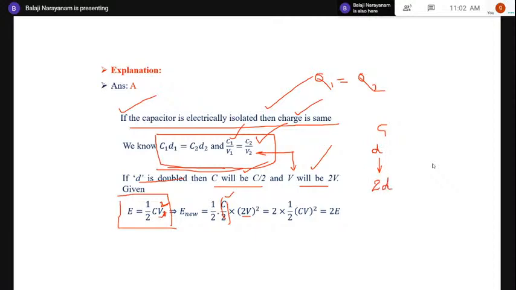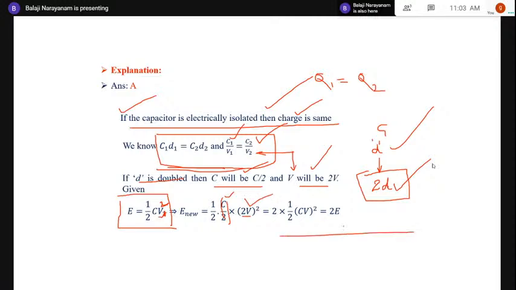D is the distance of separation between the parallel plates of the capacitor in the earlier case. Now 2D is the distance of separation presently. As a result of the variation in distance of separation between the parallel plates of the capacitor, the new capacitance value is getting halved and the potential is getting doubled.